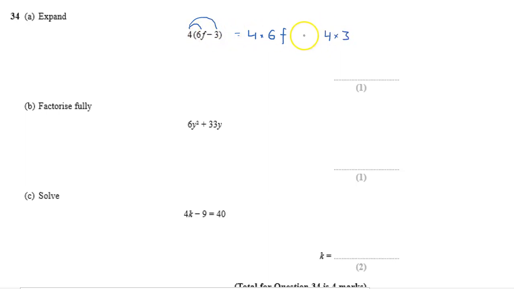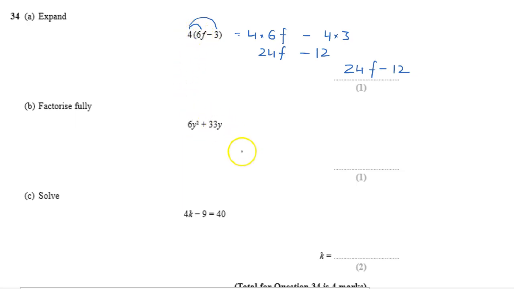And in between the sign is negative. 4 multiply 6 is 24, just write f. And minus 4 multiply 3 is 12. So it will be 24f minus 12. That is called expansion or expand. Expand means remove the brackets.